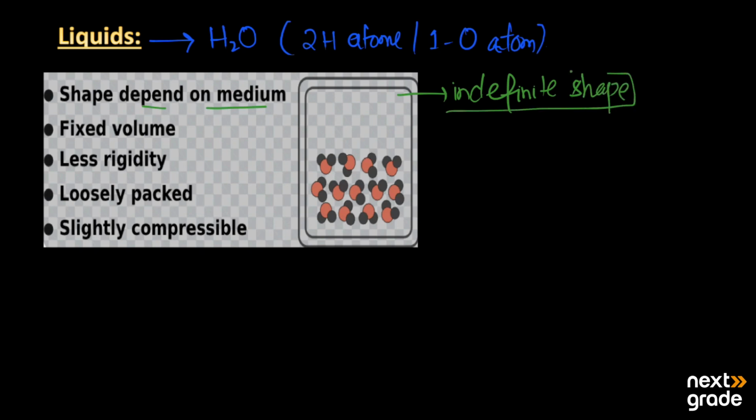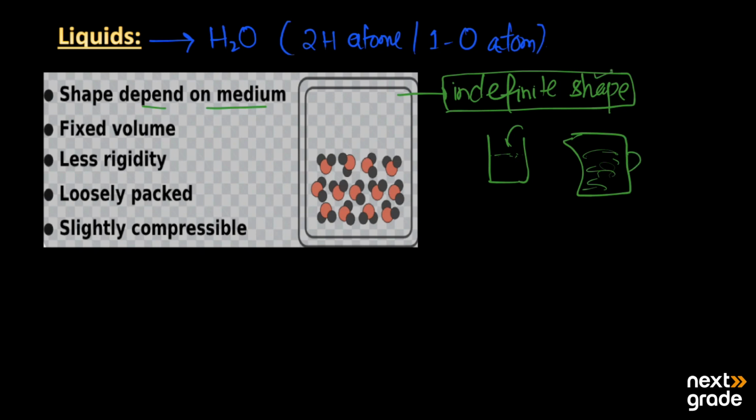Why do liquids have indefinite shape? Because when we pour a liquid into a glass, it takes the shape of that glass, and if we have a larger jug or a beaker, it takes the shape of that jug. So this is the property of liquids.